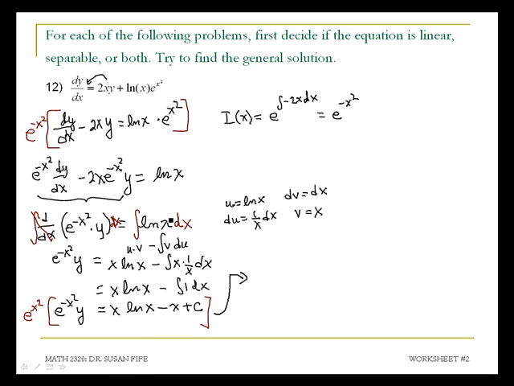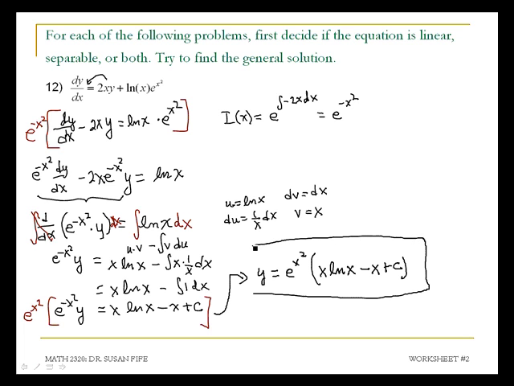And that'll give me y is equal to e to the x squared times x natural log x minus x plus c. And that's my general solution.